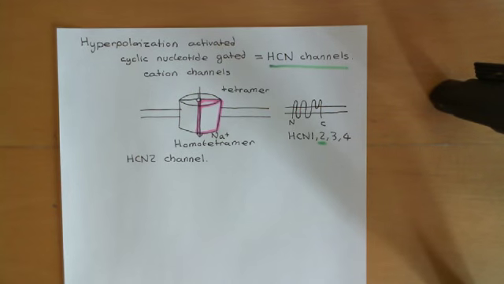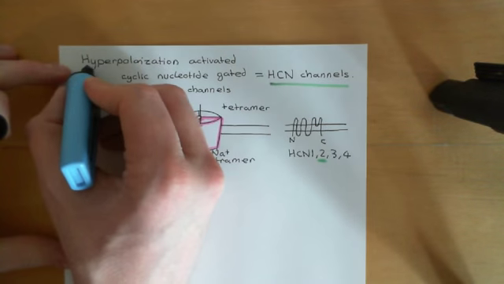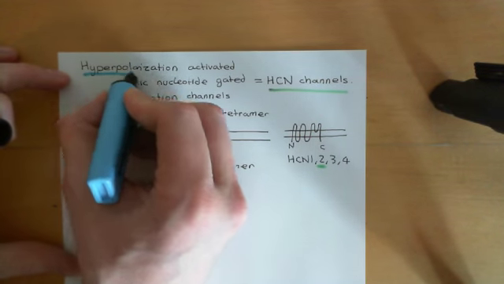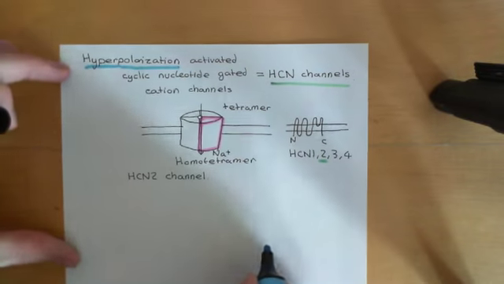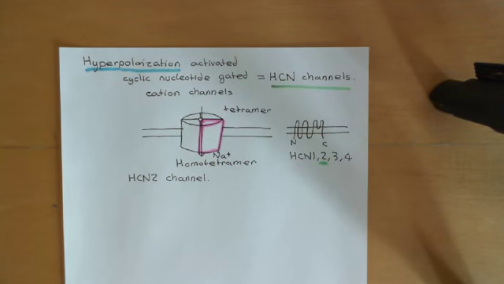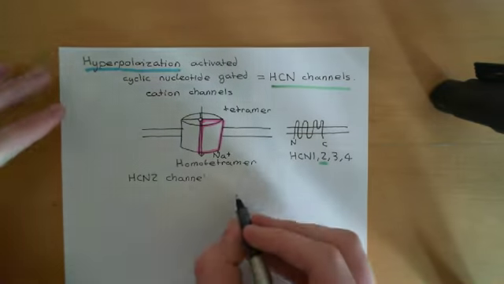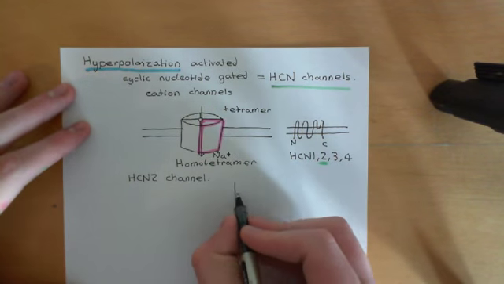Now, what actually activates it to open is the more complicated part. It is activated to open by a very unusual thing, hyperpolarization. Usually, when we talk about voltage-gated ion channels, they are activated by depolarization, not hyperpolarization. Remember back to the voltage-gated sodium channels.